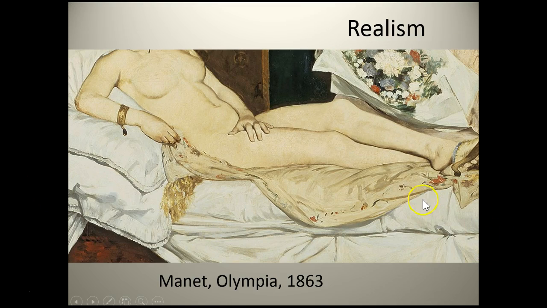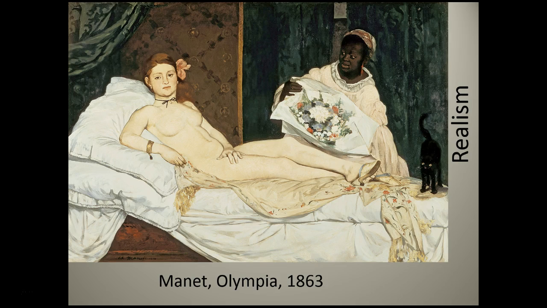Another interesting detail is the little shoes, these little clog slippers that she's wearing. These are thought to be the sort of bedroom slippers or shoes that prostitutes did wear. And again, this really sort of demystifies her as a classical nude. Let me get to the larger image. You can get a better sense of the shoe.